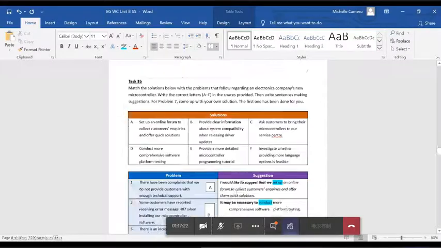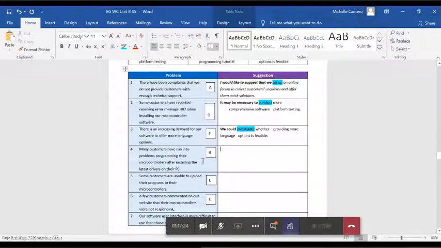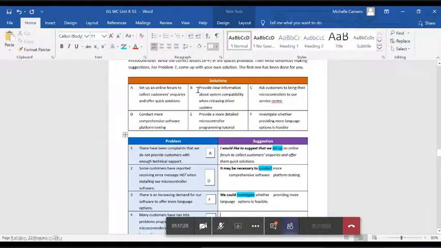Okay, so for number 4, we've got many customers have run into problems, so the solution is B, provide clear information. So, let's see. I'm going to say, what could we use?